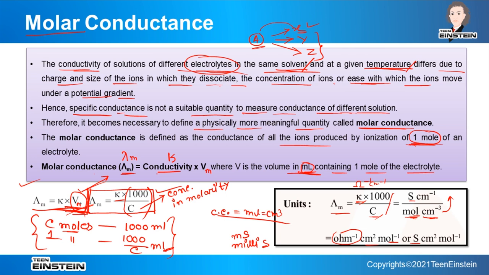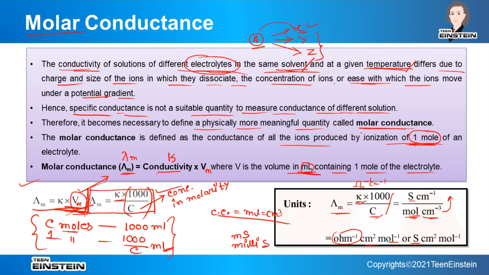Now there is a third type of conductance, which is known as equivalent conductance. From the name itself you can understand: in molar conductance, it is the conductance of all the ions produced by the ionization of 1 mole.